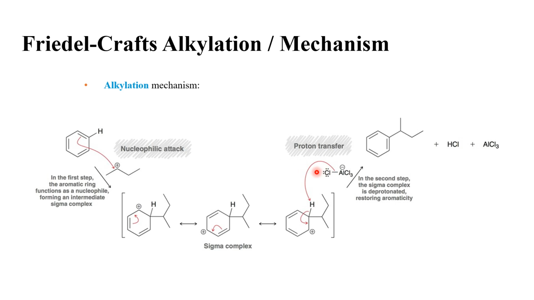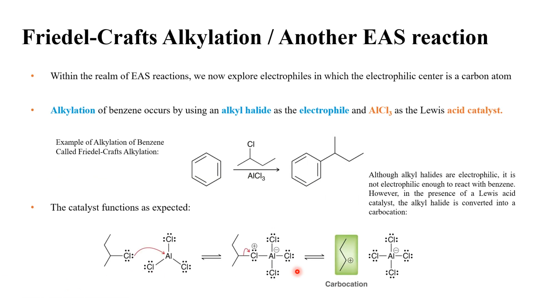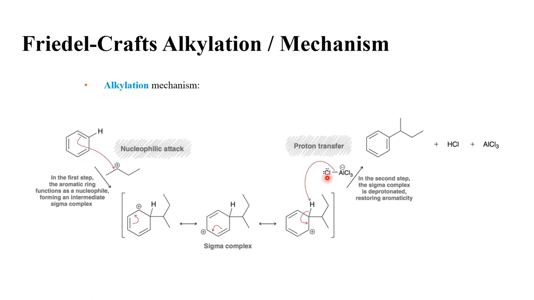Notice the aluminum tetrachloride that was generated in the previous step, right over here, is hanging around and is going to help restore aromaticity by grabbing this proton. You now have your alkyl group added in, along with your byproducts.